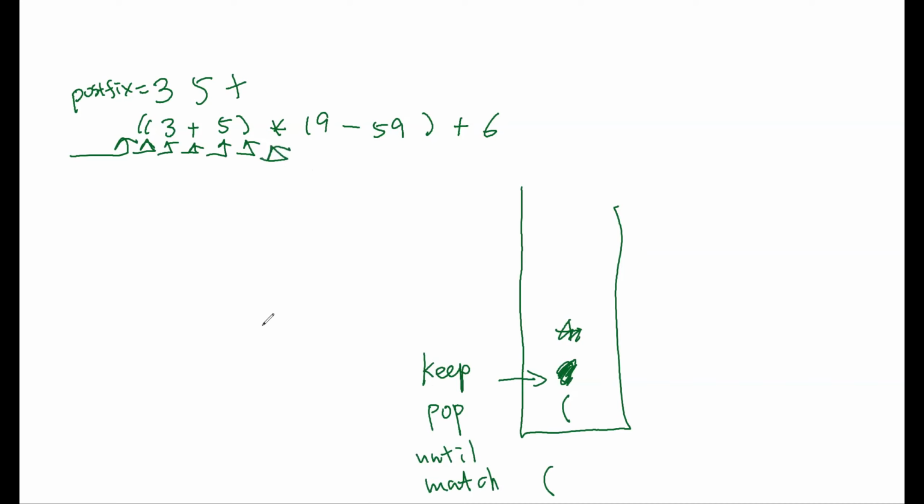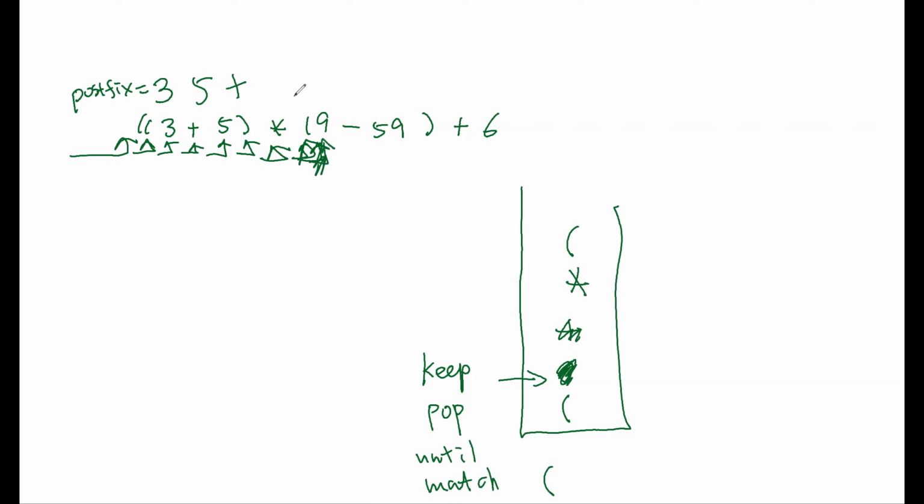Next, multiplication. What should we do? Push it to the stack. Very good. Next should be a left parenthesis again, so push it to the stack. Next one is the number 9.